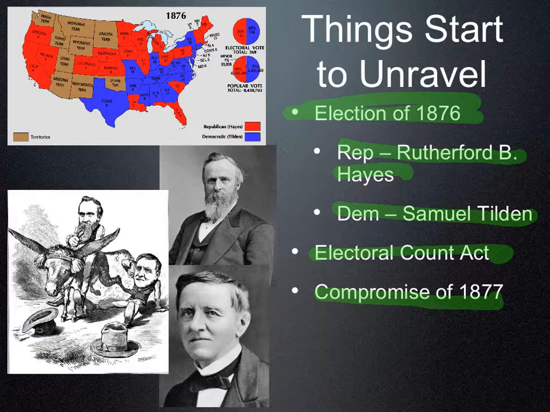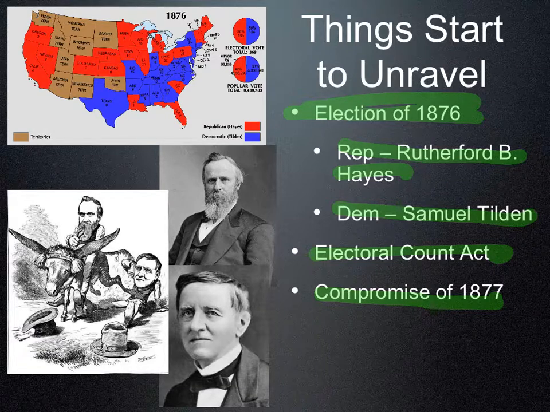So, the Democrats would allow Hayes to be president if the Republicans pulled all the troops out of the South. Think back to the Reconstruction Acts. Union generals in charge of states. Federal troops there.